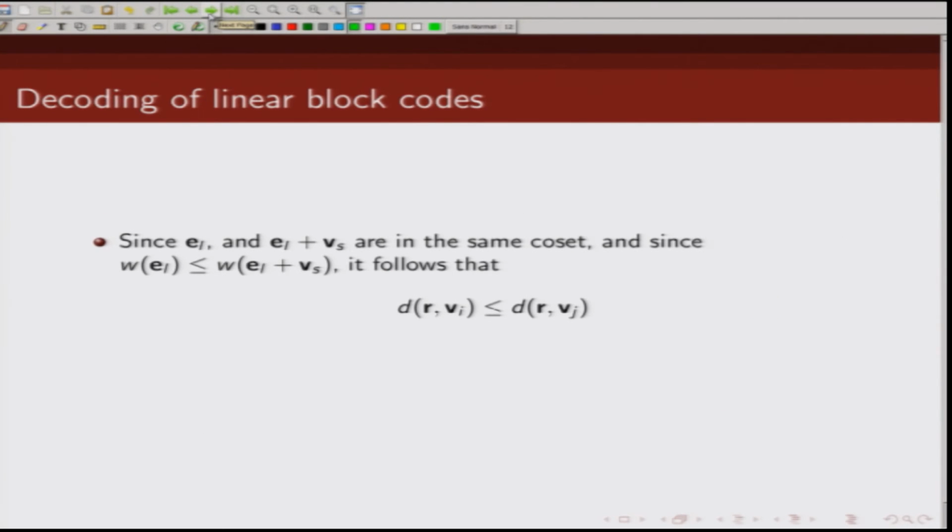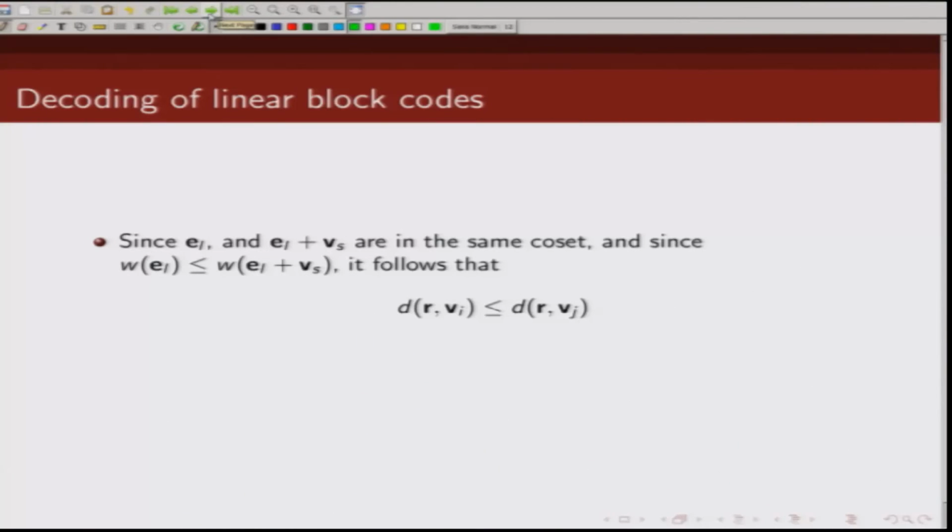So, as I said, since EL and EL plus Vs are in the same coset and our coset leader has minimum Hamming weight, the weight of this is less than or equal to the weight of this, then this will always happen. In other words, Vi will be closer to R than any other code word Vj to R. So, this will be our correct decoding.